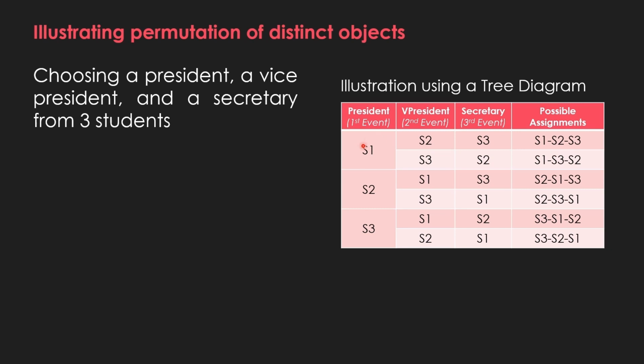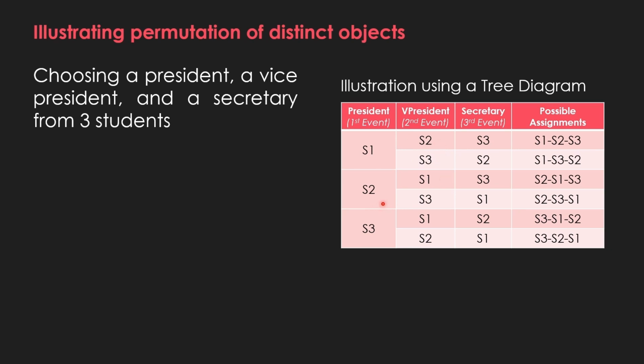Now, on the first event, the selection of the president, all of the three students will be taken into consideration. All of them are eligible candidates. Now, after the selection of whoever becomes the president of these three students, on the second event, which is the selection of the vice president, there can only be two students that become candidates. So if student 1 becomes the president, the possible candidates would be student 2 and student 3.